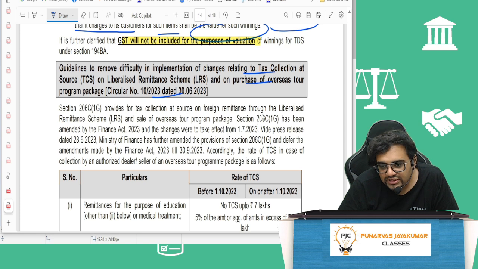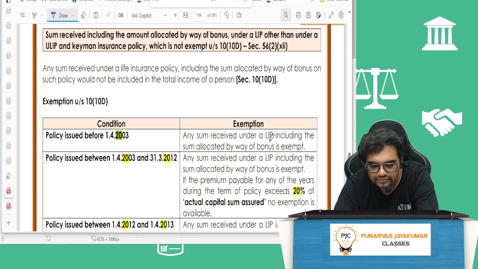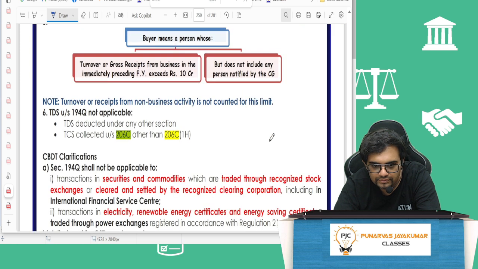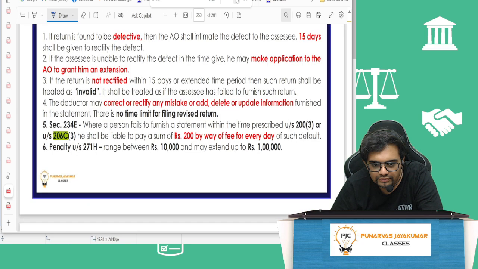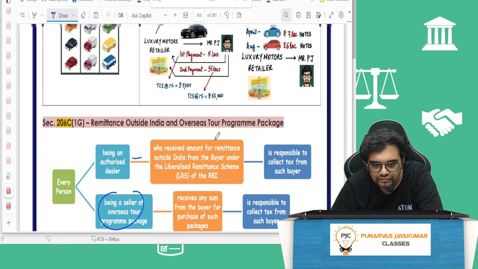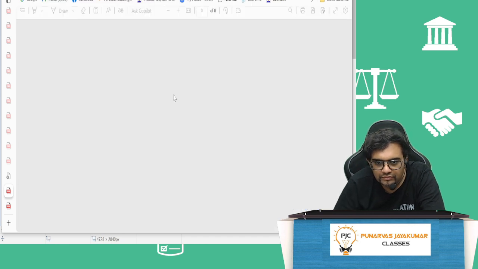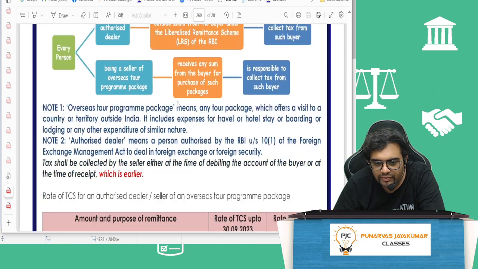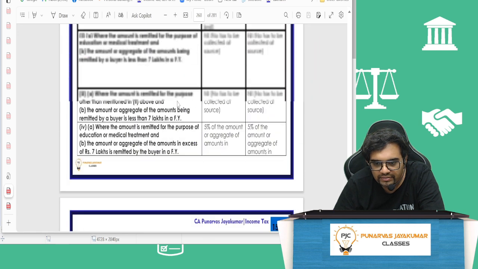So under 206C(1G), if you have seen the notes as well, page 15.28 in our material, we have already made this amendment here.